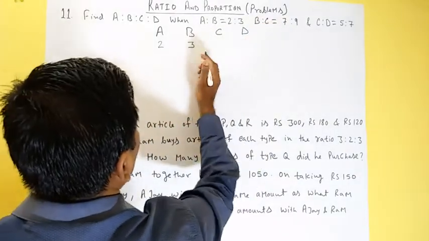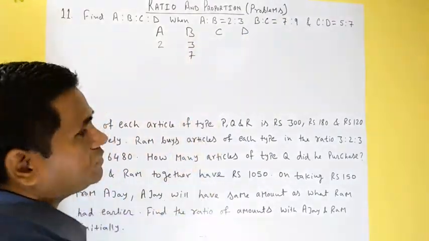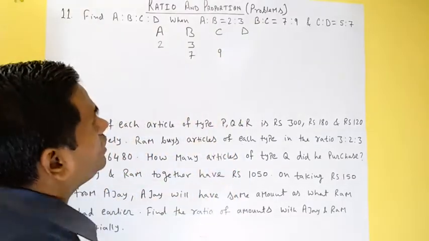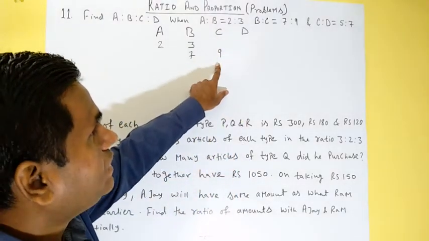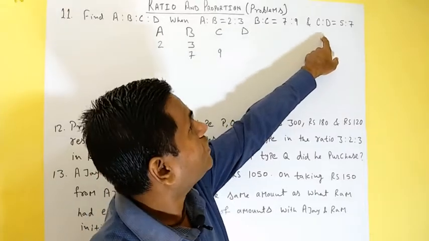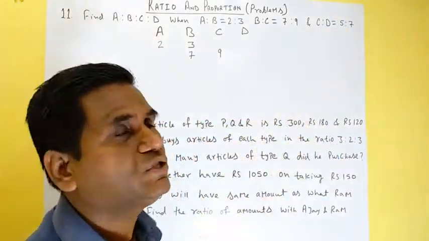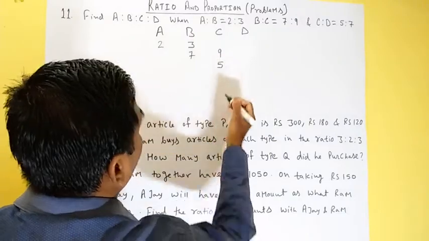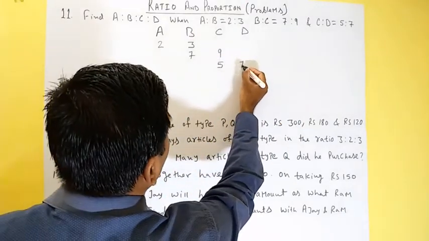So 7 is for B, so I will write 7 below B, and for C it is given 9, so below C I will write 9. The last one we have is C is to D, which is 5 is to 7. So below C I will write 5 and below D I will write 7.